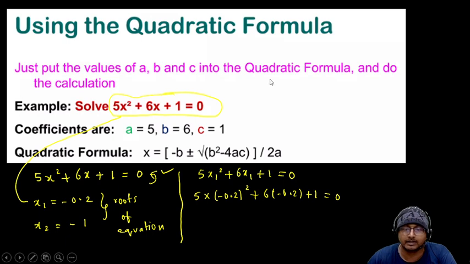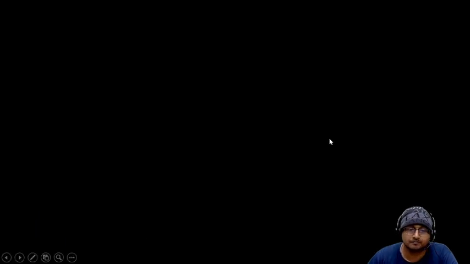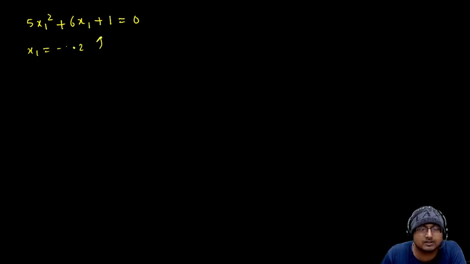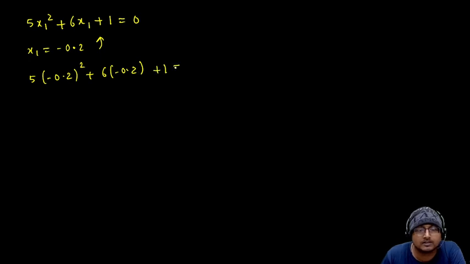Let us take a new screen. So 5x1 square plus 6x1 plus 1 is equal to 0. So x1 is equal to minus 0.2. Let's substitute minus 0.2. What will we get? 5 into minus 0.2 the whole square plus 6 into minus 0.2 plus 1 is equal to 0.